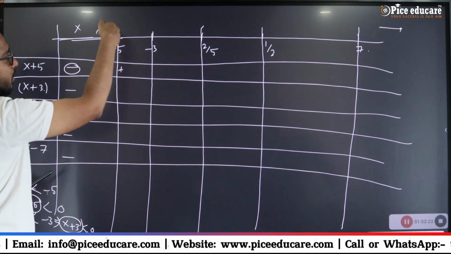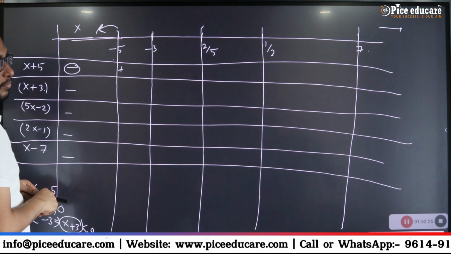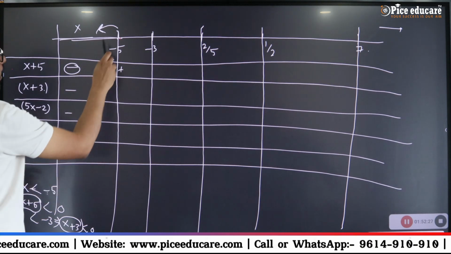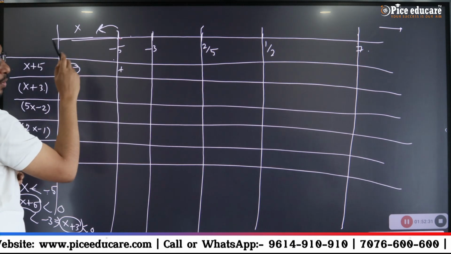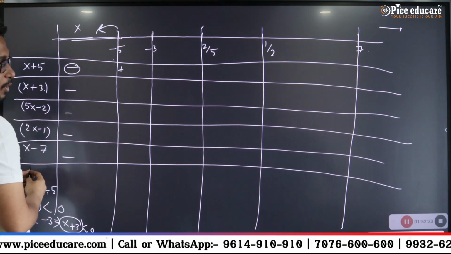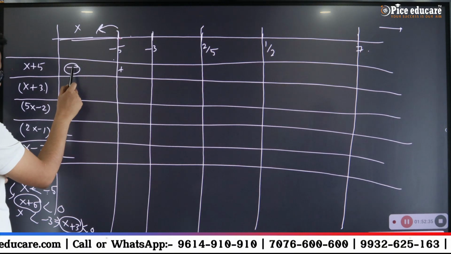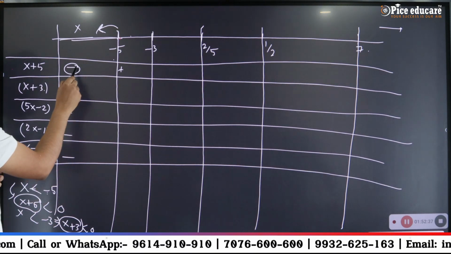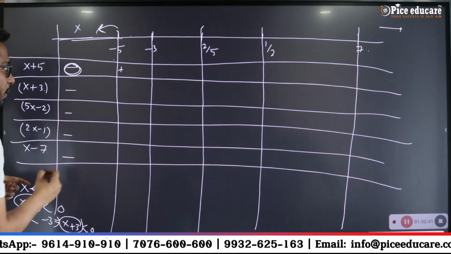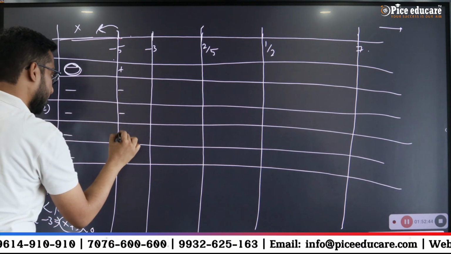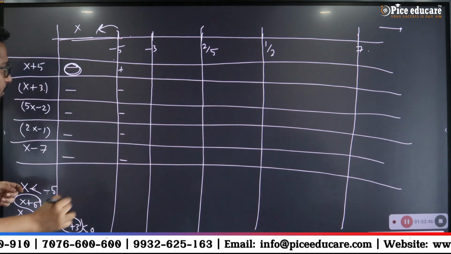Because you have crossed the boundary of minus 5. So if my x is minus 4, x plus 5 will become minus 4 plus 5, equal to 1, which is positive. So among all these negative signs, only the top one will convert into positive, but all the rest of the signs will be the same.